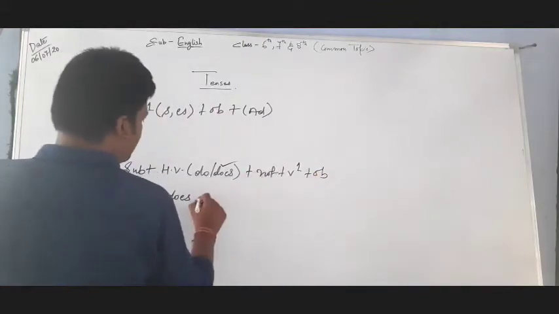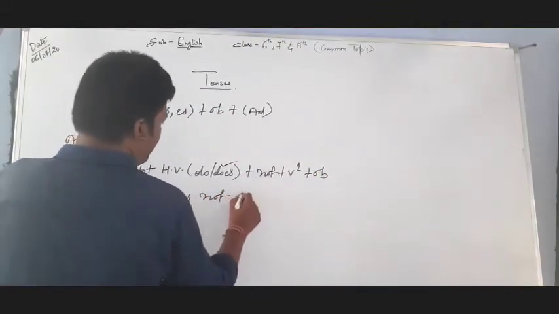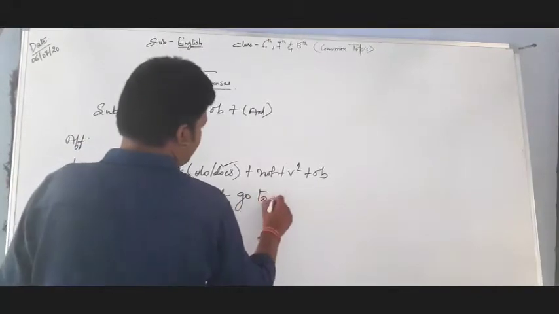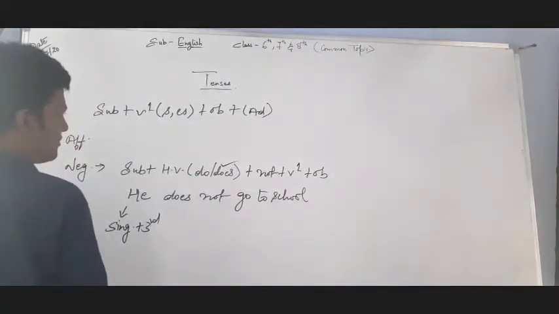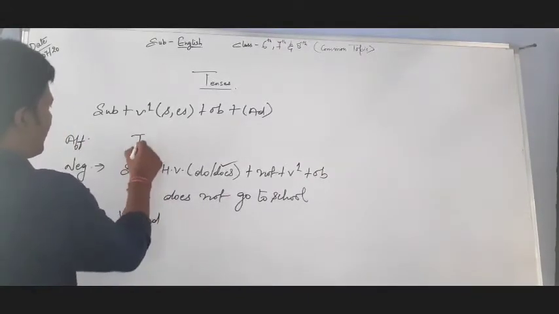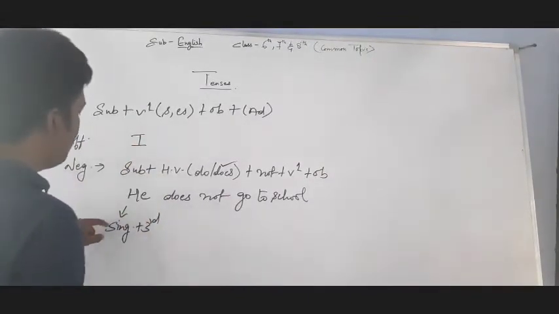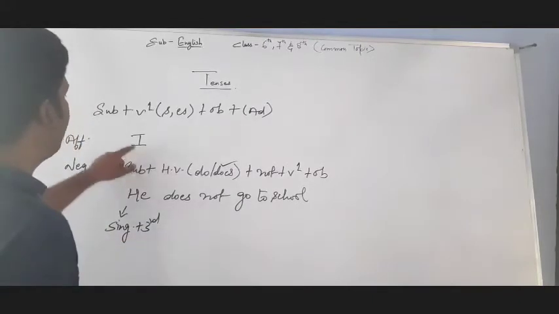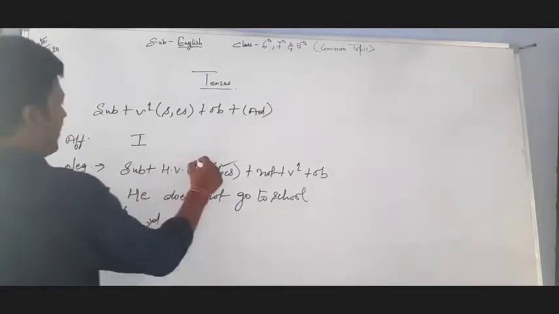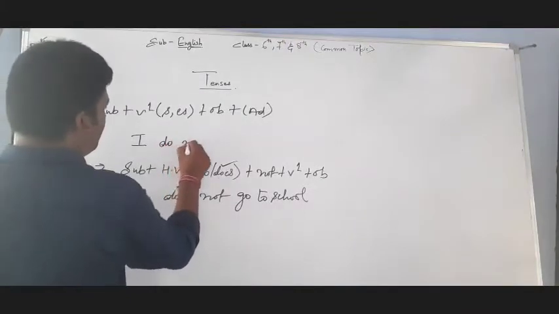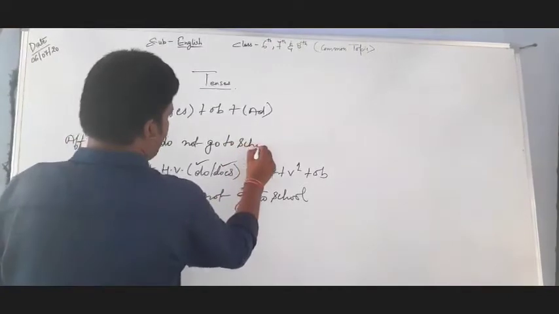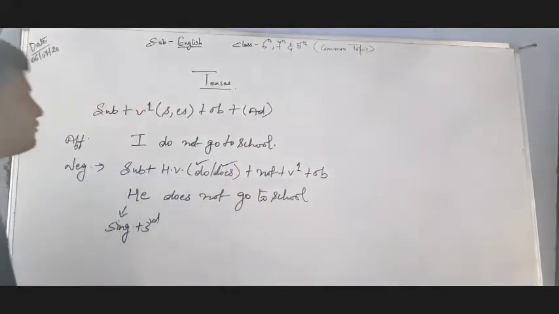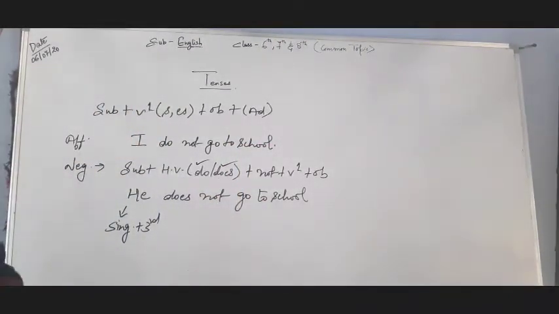He does not go to school. In the next sentence, suppose I use the subject I. I is singular but not third person. I is first person. So I will choose: I do not go to school. So this is the formula for the negative sentence for the present simple tense.